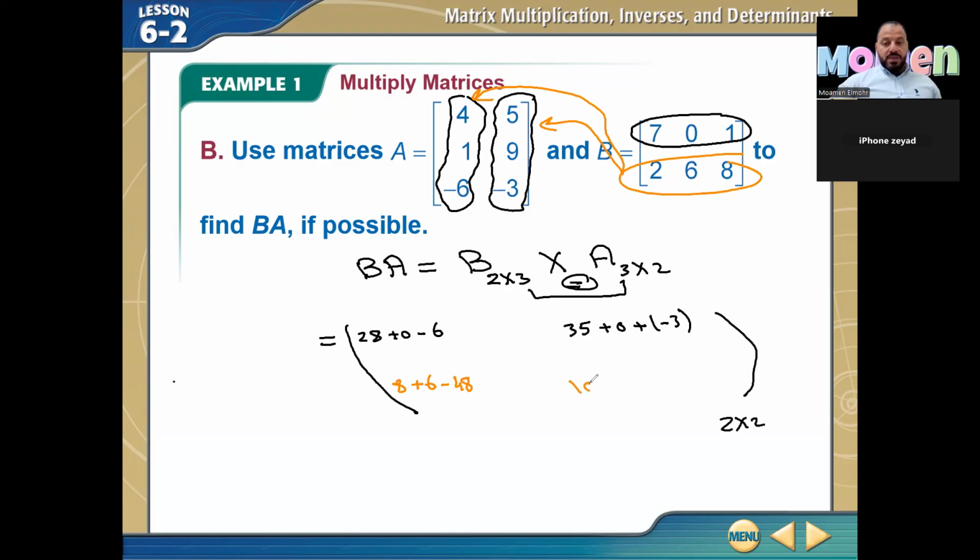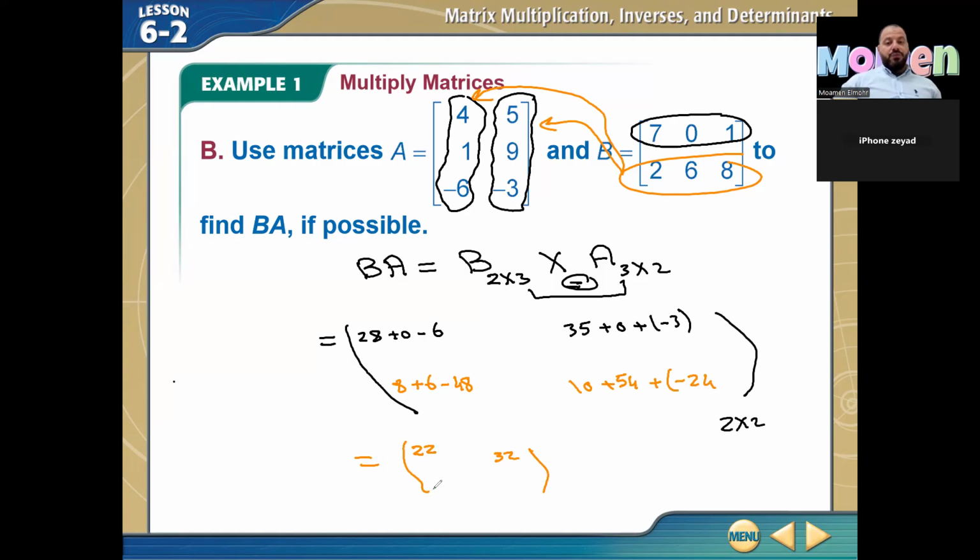So 5 times 2 is equal to 10. And plus 6 times 9 equals 54. Plus 8 times negative 3 equals negative 24. Just now collect and get the answer. So now we have 28 minus 6 equals 22. And here we have 35 minus 3 equals 32.